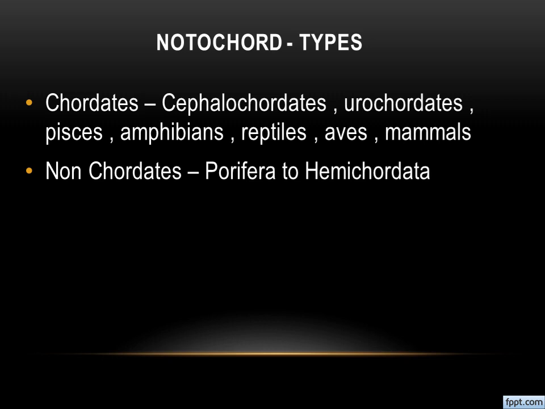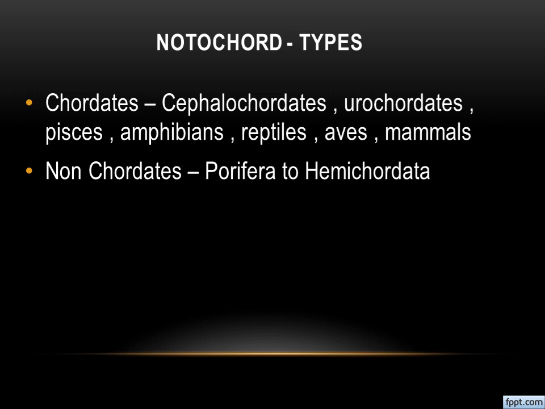But in non-chordates, the notochord will not be there. Examples: Porifera, Coelenterata, Platyhelminthes, Aschelminthes, Annelida, Arthropoda, Mollusca, Echinodermata, and Hemichordata. Chordata is only the first type. Actually, Chordata will be classified into three, which we will learn later: hemichordata, cephalochordata as well as urochordata.